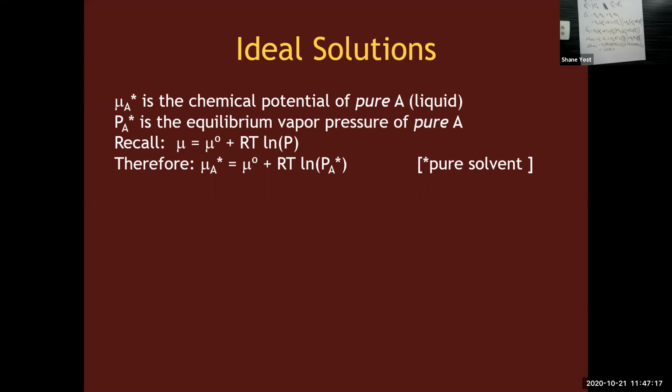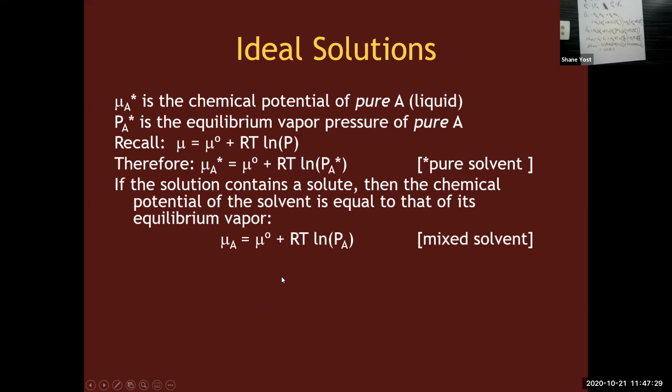So the chemical potential of the liquid, of the solvent, is just equal to the chemical potential of the vapor, which is just given by mu naught plus RT ln of the vapor pressure, which we just talked about. Now, if I mix something in the liquid, add some solute, maybe it's a solid, maybe it's another liquid, whatever it is, the chemical potential of that liquid is still going to be related to the chemical potential of its vapor.